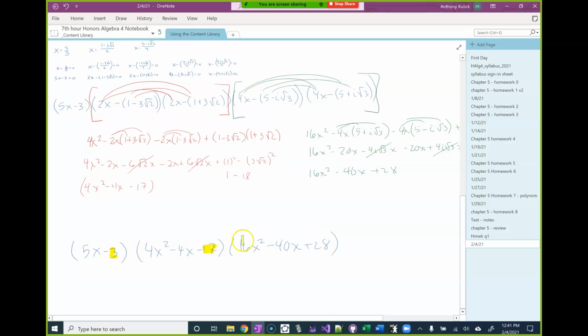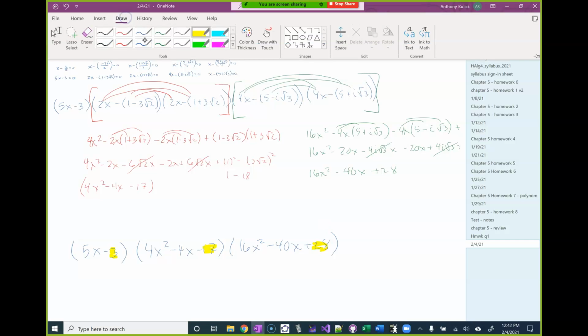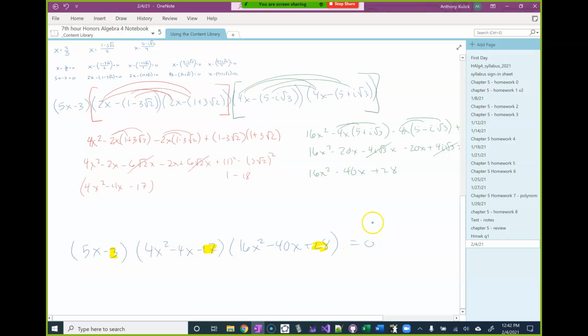Okay, let's think about it this way. Give me an example of a polynomial that doesn't have a constant term. Anybody? Edmund. Okay. What do you notice you can do to that? Okay, factor what?